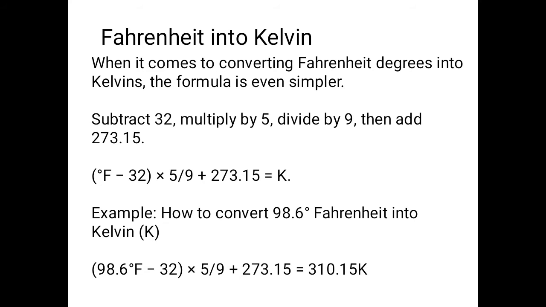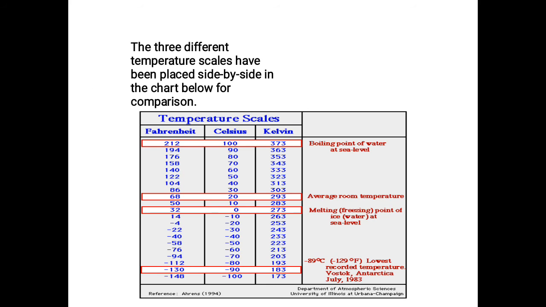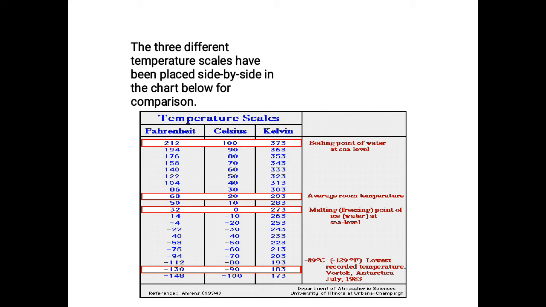So degrees Fahrenheit minus 32 times 5 divided by 9 plus 273.15 is equal to K. Example, how to convert 98.6 degrees Fahrenheit into Kelvin? 98.6 degrees Fahrenheit minus 32 times 5 divided by 9 plus 273.15 is equal to 310.15 K. The three different temperature scales have been placed side by side in the chart below for comparison.